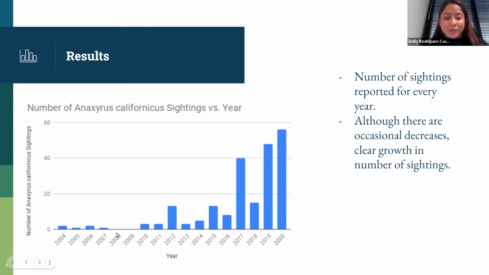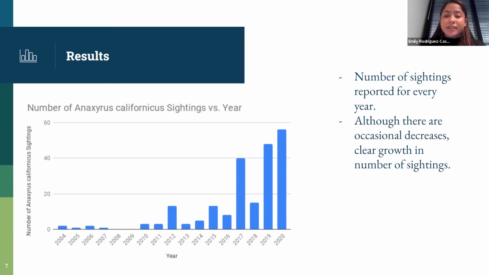There were no observations between these years. And from 2010 to 2011, there was no change in the amount of sightings. And then from 2011 to 2012, we see a very large increase. It was a 33% increase in the amount of sightings.